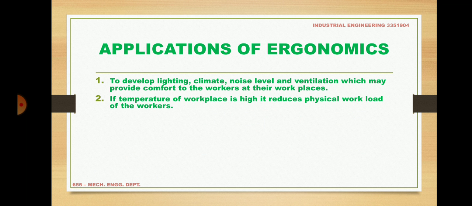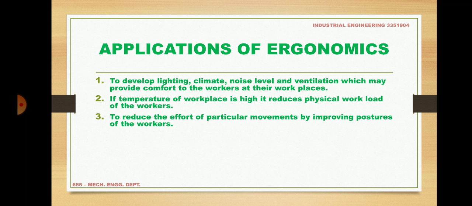If the person has a fever, their ability to work is reduced. So if the temperature of workplace is high, it reduces physical work level. To reduce the effort of particular movement by improving posture of the workers. It depends on our body structure and how we can handle the work.